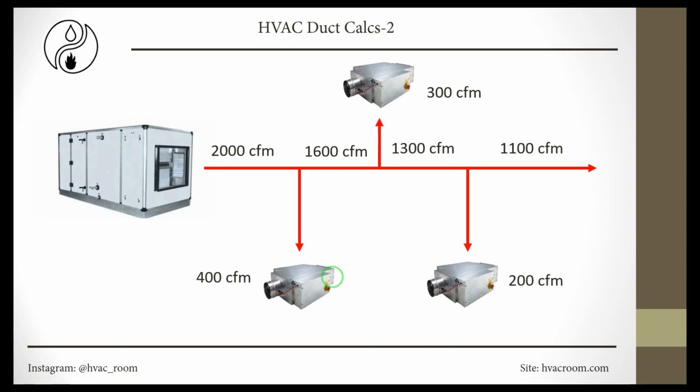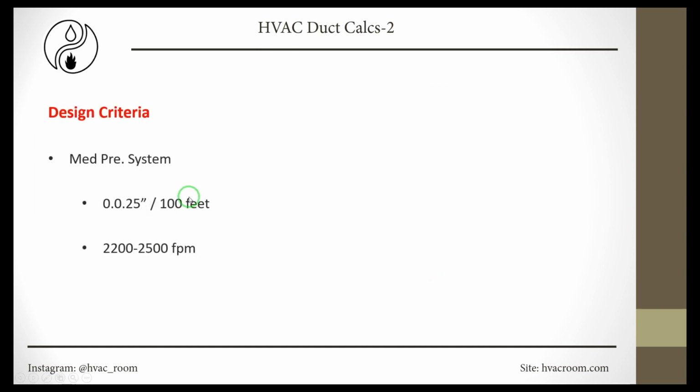But the question is, how do we size the system now? We change the system from low pressure to medium pressure, but how are we going to size the system and what type of criteria do we have here? So as far as the criteria, this is what we usually use for a medium pressure system.